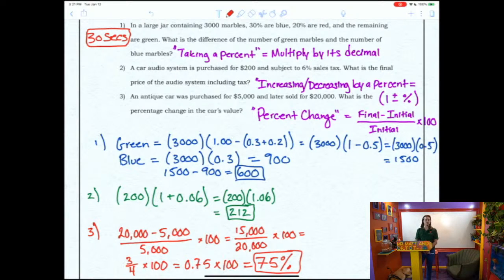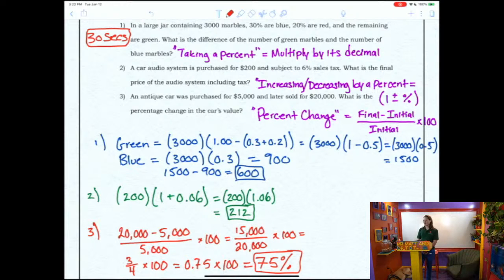So if you have 12 apples, you have 100% of 12 apples. If you have 3,000 marbles, you have 100% of 3,000 marbles. So if 30% are blue, that means there's 70% that are non-blue. If 20% are red, that means there's a remaining 50% that are green.